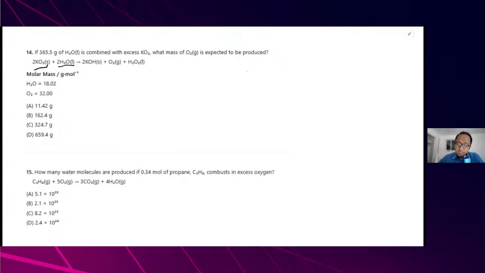The total of H2O is 365 gram, so we need the moles of H2O: divided by 18.02, we end up getting 20.28 mole H2O.